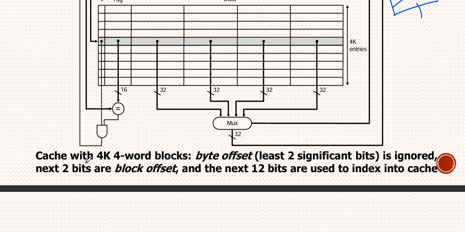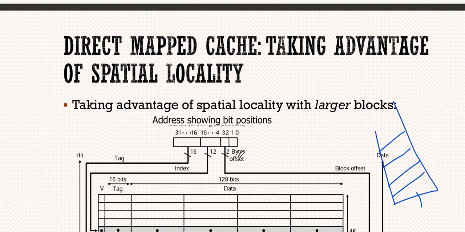So they say that this is a cache with 4K, 4 word blocks. The byte offset is ignored, next two bits. I'll explain that later. But what they are saying is that everything is word aligned, and a word is 4 bytes, which is 32 bits.